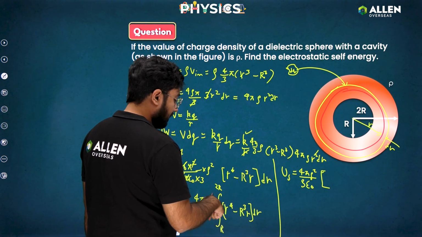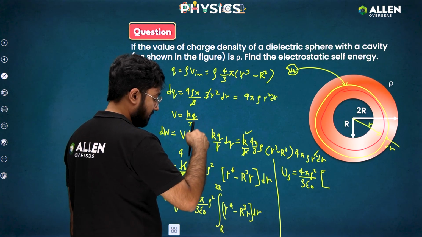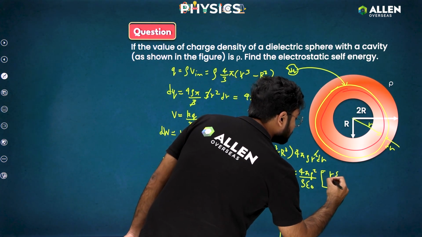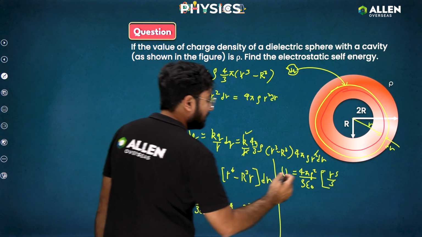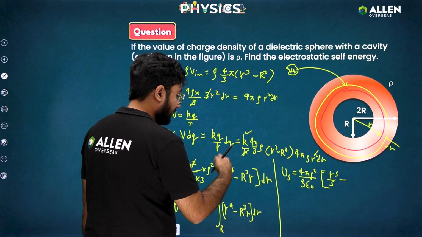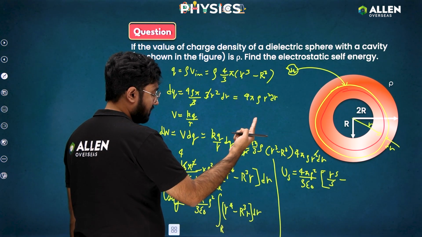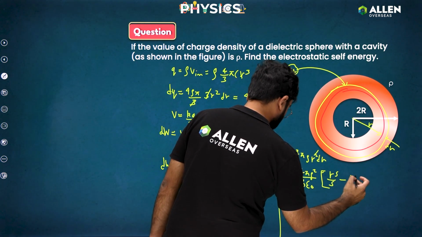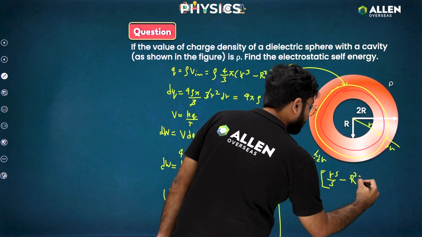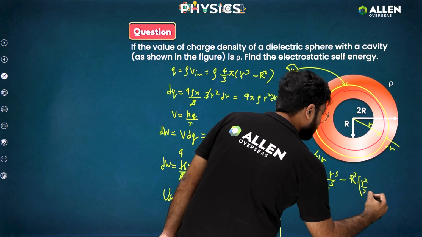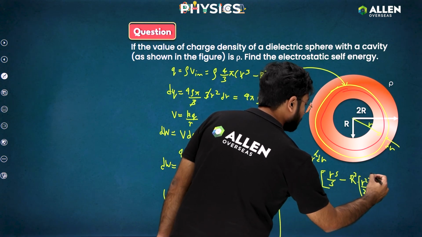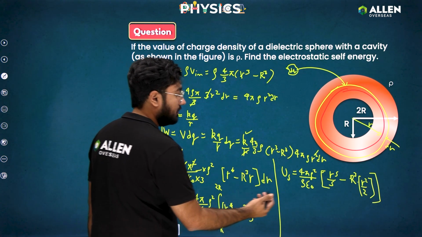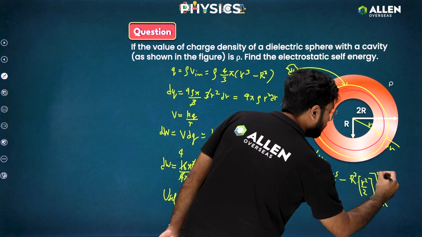This is r to the power of 5 by 5 minus, this will be r cubed into r to the power 2 by 2, and limit varies from r to r.